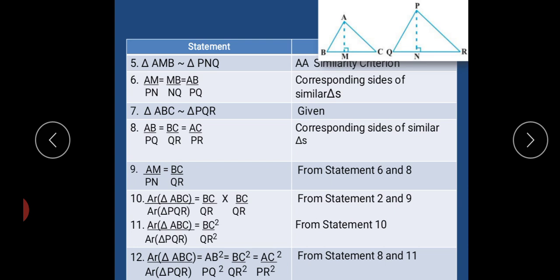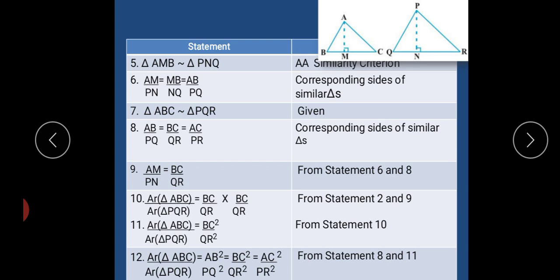But we are asked to prove all the 3 ratios. If you go back to statement 8, BC upon QR is equal to AB upon PQ and also equal to AC upon PR. That means what is true for BC upon QR is also true for AB upon PQ and AC upon PR.